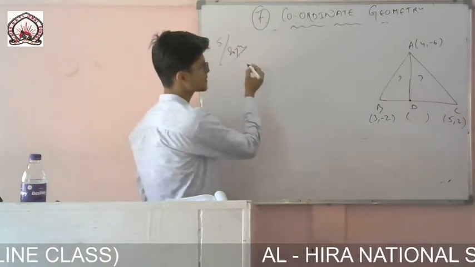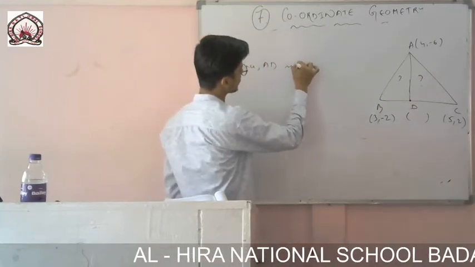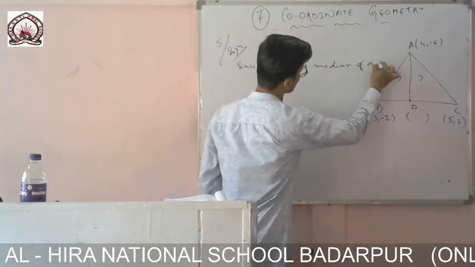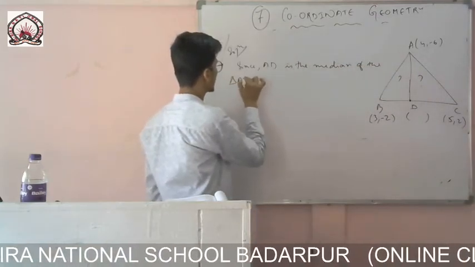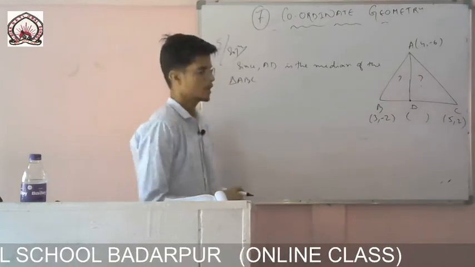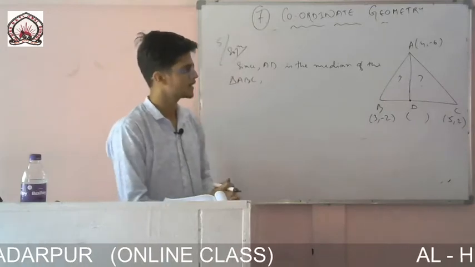So you write: since AD is the median of the triangle ABC, that means D is the midpoint of the side BC.